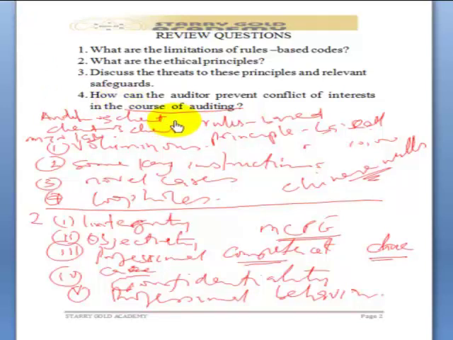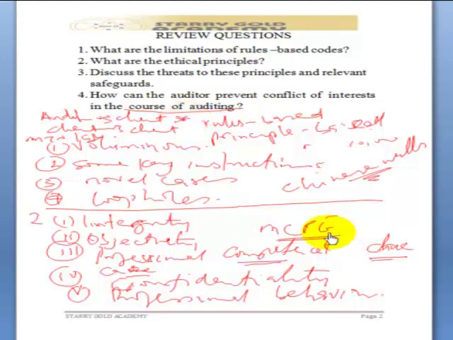The general rule is that the auditor should not accept an audit engagement where the auditor's interest is going to be in conflict with the client's interest, because this is going to cause a lot of problems. But if the issue is not significant, of course, the auditor must declare the position to those charged with governance of the client. But if it's a significant issue, of course, the auditor must decline to accept such an engagement.